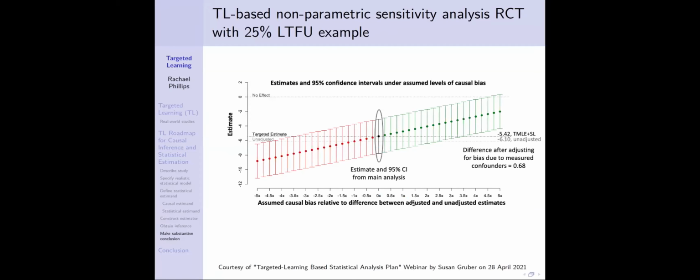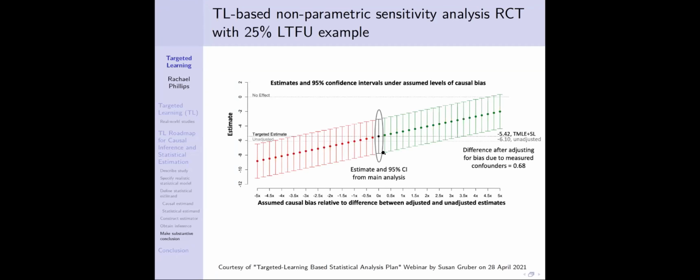Okay, so here is a non-parametric sensitivity analysis of an example with 25% loss to follow-up, which is abbreviated to LTFU. Okay, there's a lot going on in this plot, so let's look at each different component. Here, circled in gray, we have our estimate and a 95% confidence interval from the main analysis.